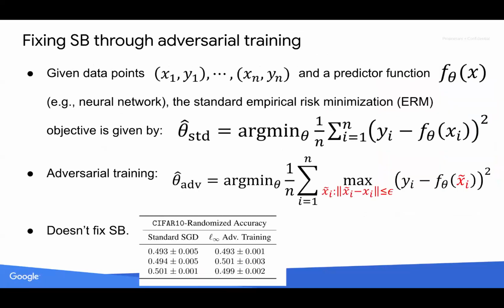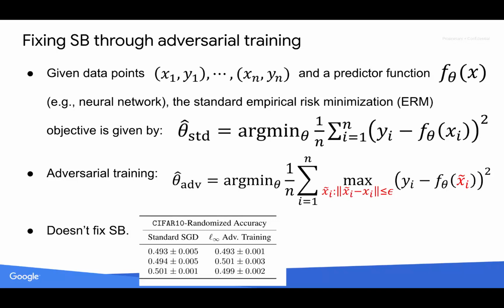Okay? And one of the approaches for improving adversarial robustness is what is called adversarial training, which is essentially similar to maximizing margin as was suggested earlier. So given data points (x1, y1) to (xn, yn), the standard training objective will be either least squares loss in this case or cross entropy loss, so any of the loss functions, applied on an average of yi and f theta of xi.